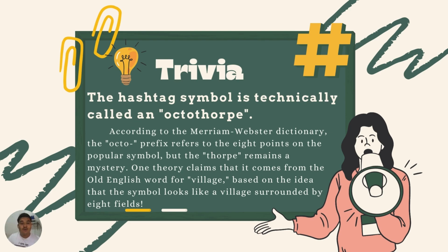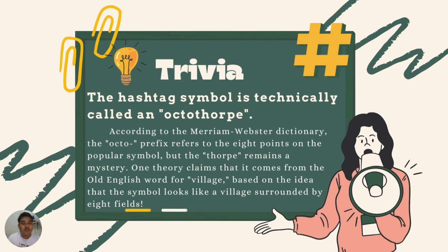For those who don't have any idea what trivia is, it is something new, something that you're not really familiar with, but you are used to it. So for our trivia, did you know that the hashtag symbol is technically called an octothorpe?